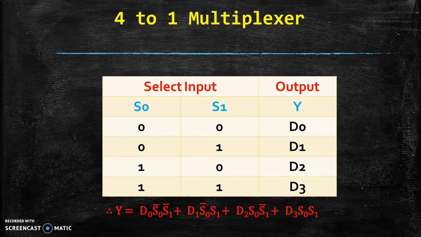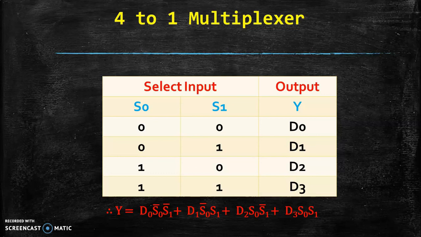We have 4 product terms. In each product term we have 3 literals, so we require 4 AND gate. Each AND gate will be having 3 input, and at the last stage, because the function is in SOP form, we require OR gate, and we have 4 product terms. So the OR gate required will be having 4 inputs.